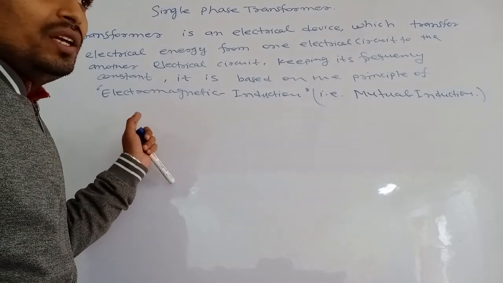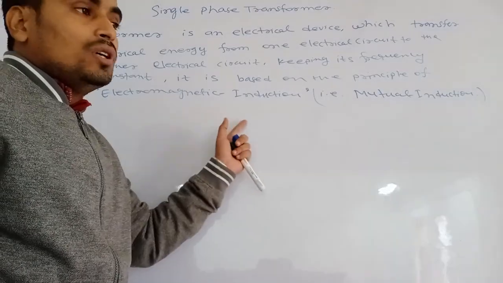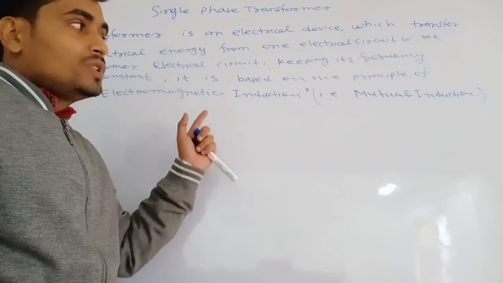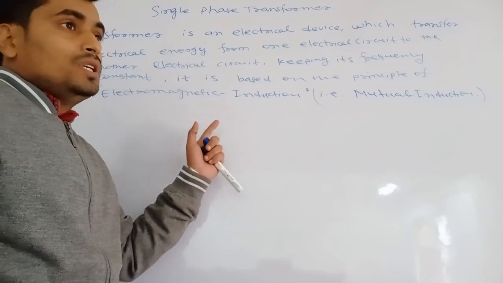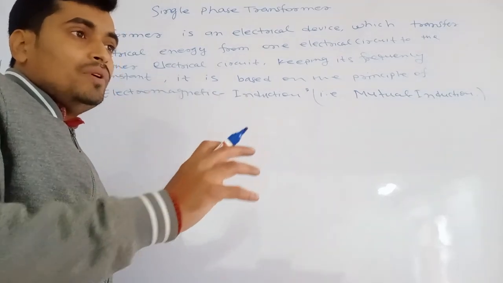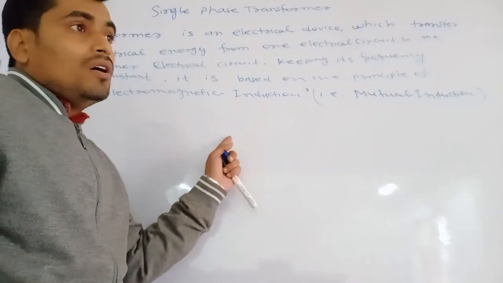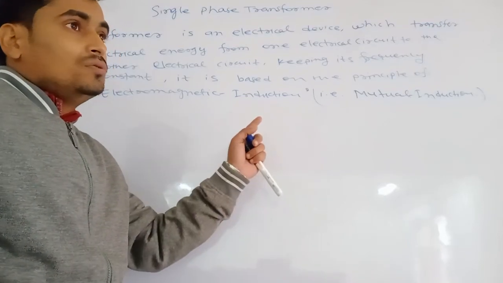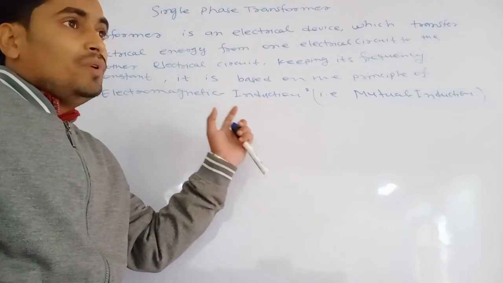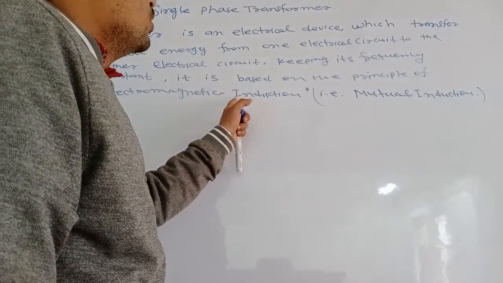Energized means we give current into the primary side, and the primary winding is wound over the limbs of the transformer core. That means an EMF will be produced in the primary winding, and after that the secondary winding will also have its own EMF induced. This phenomenon is known as the induction phenomenon.